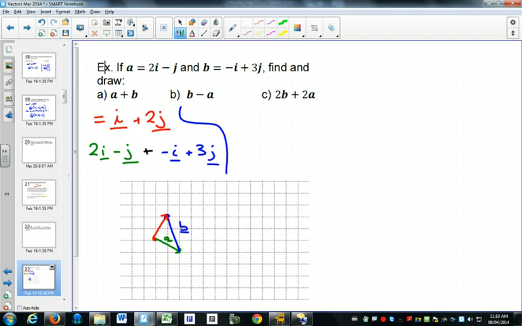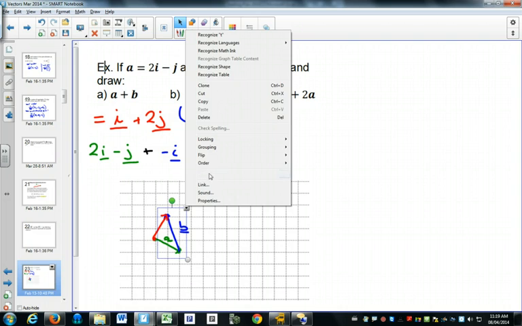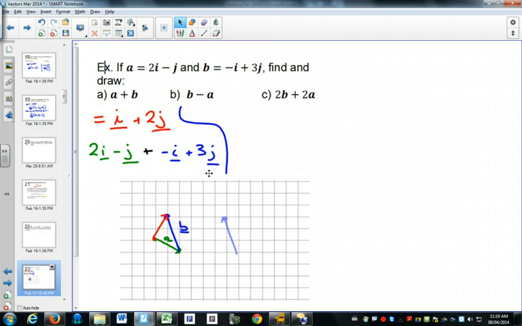3j. Now b minus a: I can take this vector b and draw it again. So there's my vector b. Now minus a would be the same as a, but in the opposite direction, same length and same magnitude.